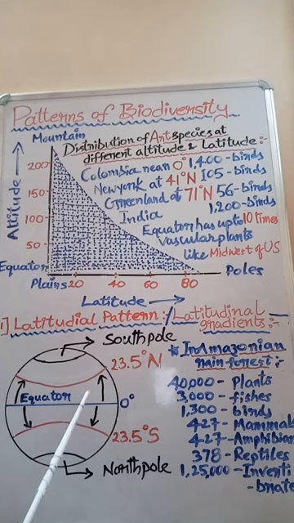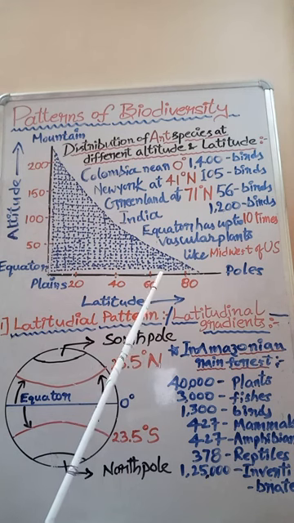Tropics latitudinal range, at 23.5 degrees north to 23.5 degrees south, harbor more species than the temperate or polar areas.